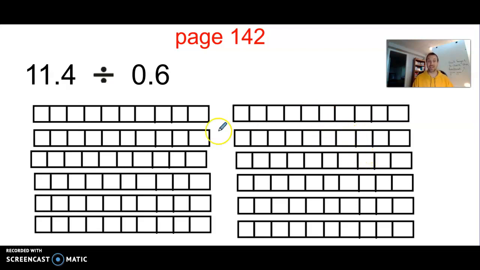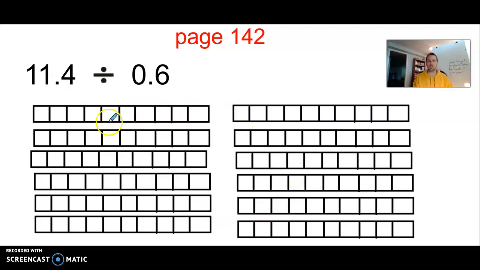Because it takes a long time to do 11 wholes and then an additional 4/10. And that's why in our teach video, you'll notice that we stayed away from the model aspect and used more of an algorithm, because when those numbers get into 20s, 30s, 40s, 50s, it just doesn't seem reasonable to make a lot of models. It would take too long.